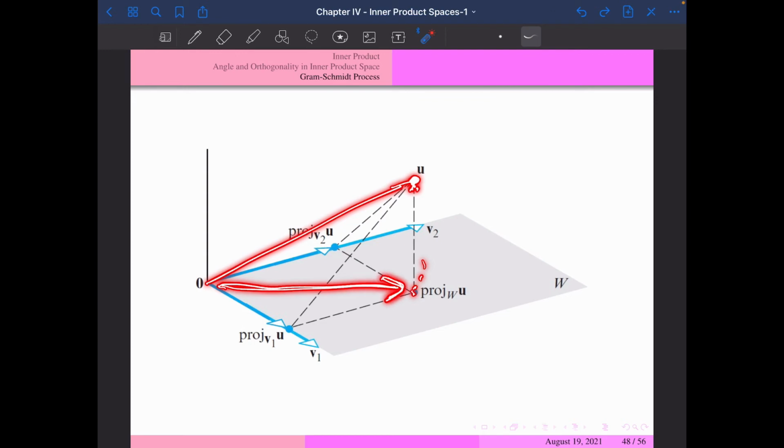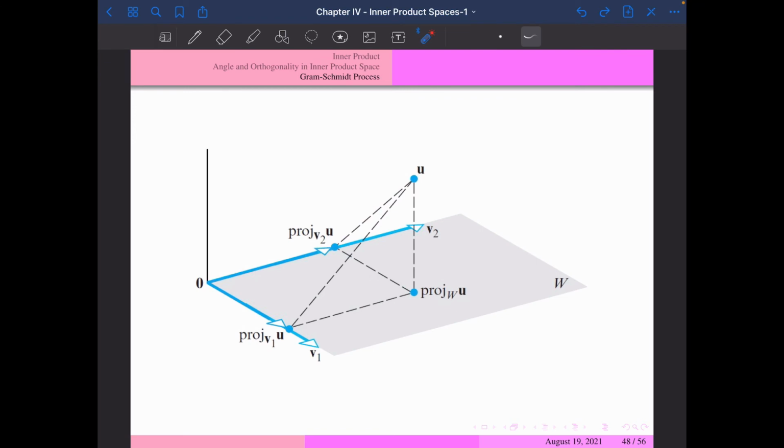This one is the projection of u on W, right? And if we know that W is spanned by two vectors v1 and v2, then we can find that the projection of u on W is the sum of the projection of u on v1 and the projection of u on v2. So the meaning of this picture is like this.